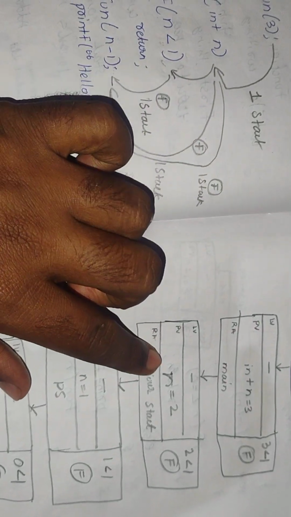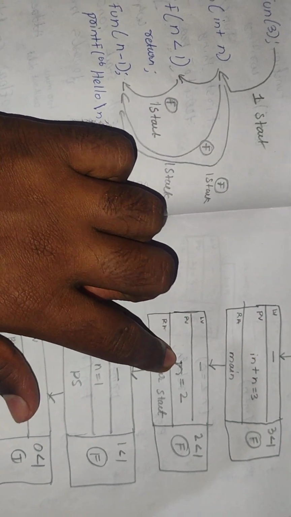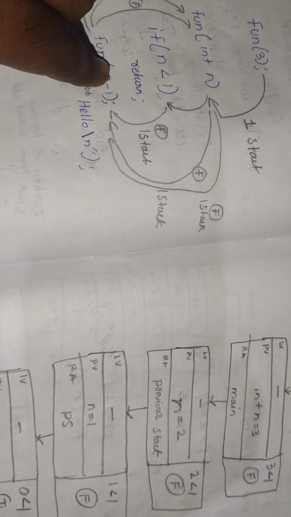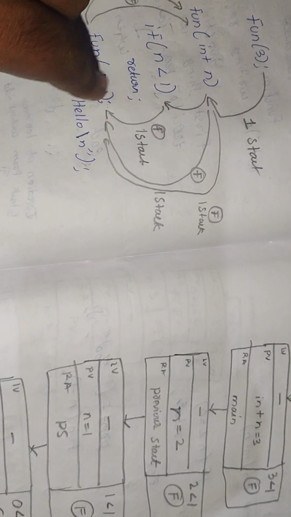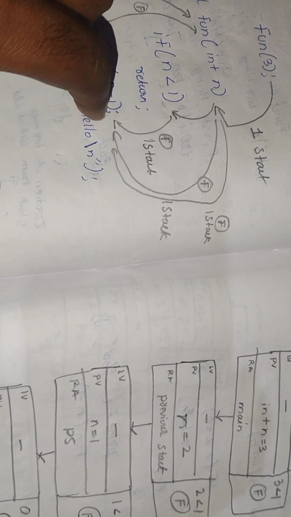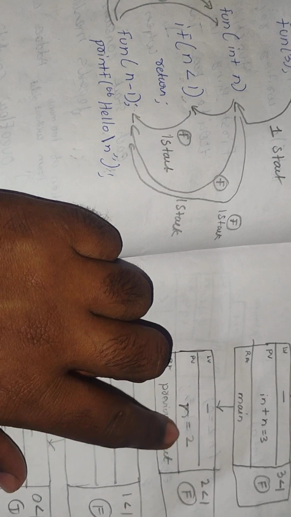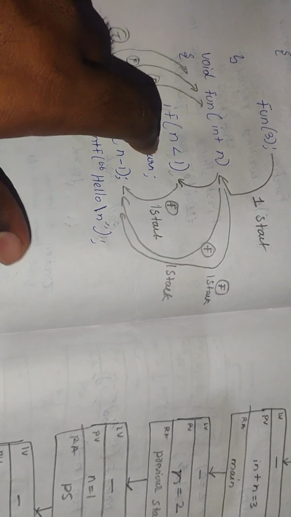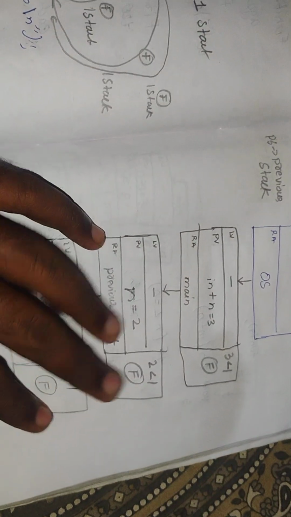In this stack, the parameter variable n is assigned the value 3 minus 1, which is 2. This 2 will check the condition: is 2 less than 1, true or false? False.